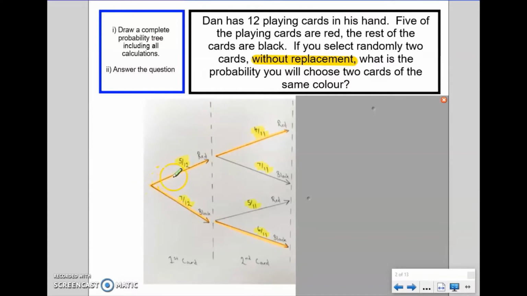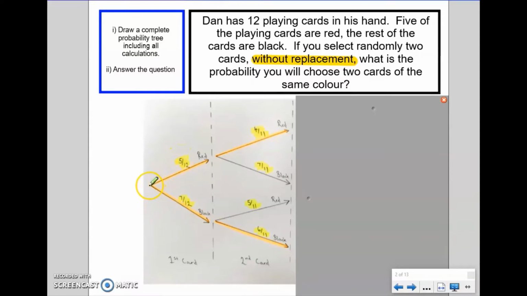If I chose a red for my first event, the probability of choosing a black card on my second event would be 7 out of 11. 7 because there's still 7 black cards involved, but 11 because I've got 1 less card in total because I took 1 red out of the pack. So both of these add up to 1 whole, and both of these probabilities are dependent on what occurred here.